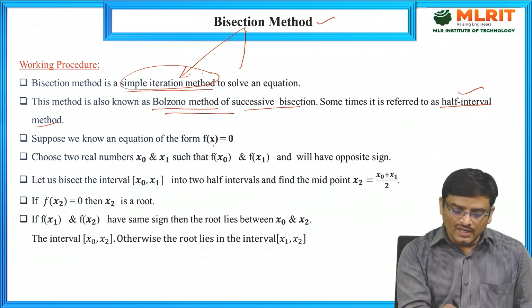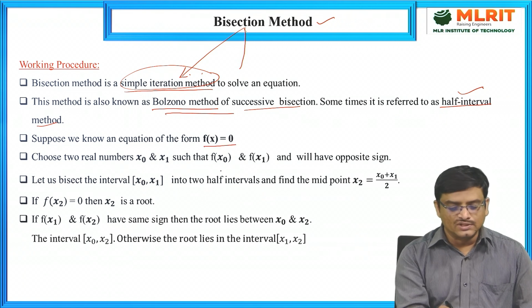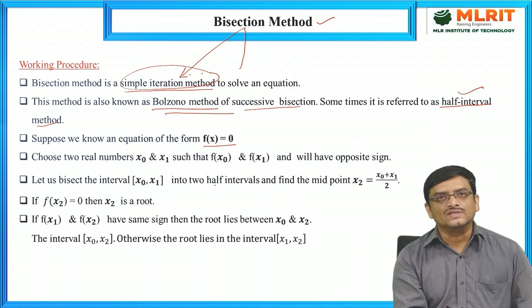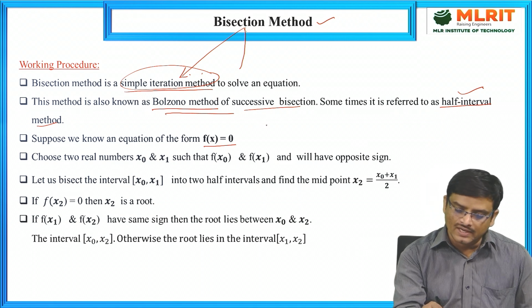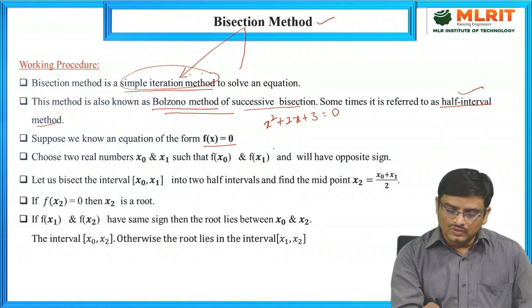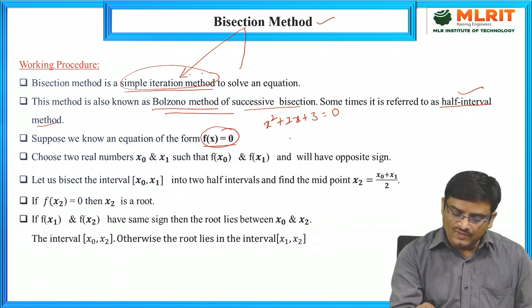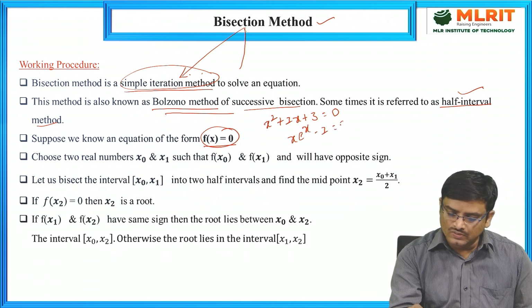Whatever equation is given, we have to compare that equation with the standard form f of x is equal to 0. For example, I have taken a polynomial equation x square plus 2x plus 3 is equal to 0. Whatever equation is given, we have to convert it into standard form. Similarly, you can take x into e power x minus 2 is equal to 0.